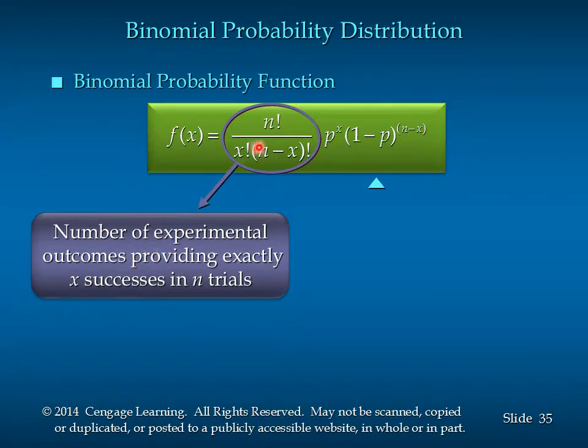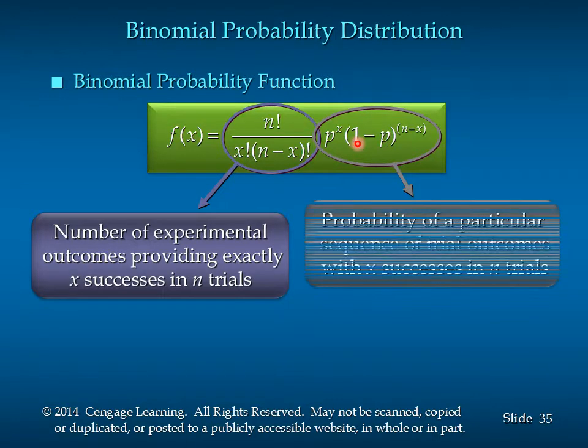Remember this formula? N factorial over x factorial times n minus x factorial, from before. The number of possible outcomes. And now we're going to multiply that times a probability associated with the binomial nature of the outcome. And that formula goes as follows.